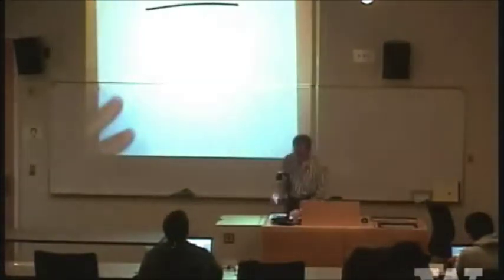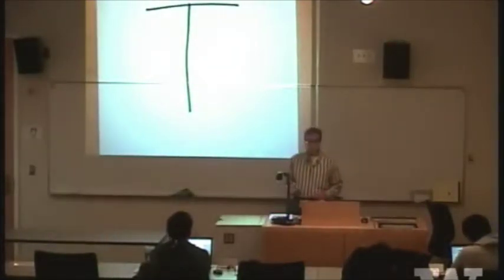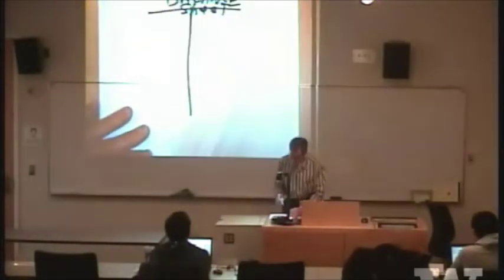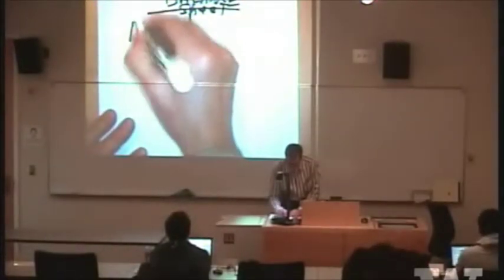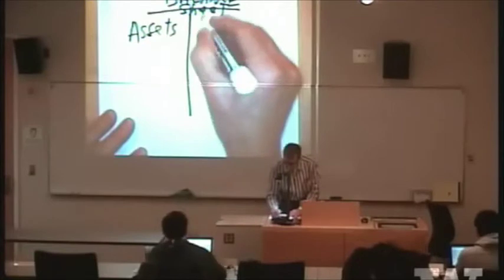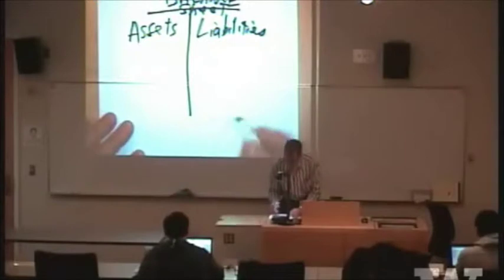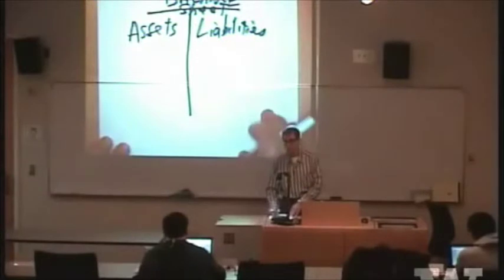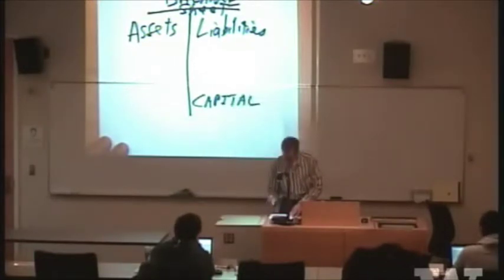We typically, in the bean counting world, think about a balance sheet using sort of a T where the assets are on one side and the liabilities, and now this area down here has different labels. It could be capital, it could be owner's equity, but let's call it capital down here. So there's various labels for it.